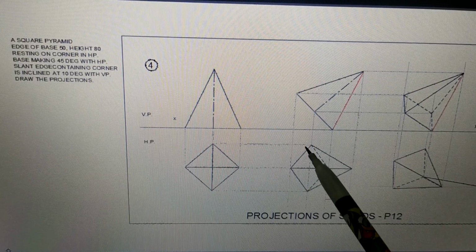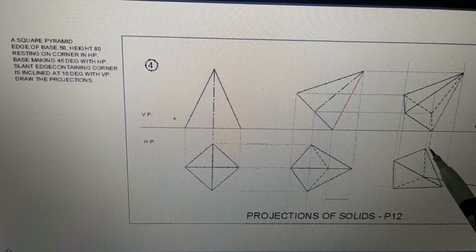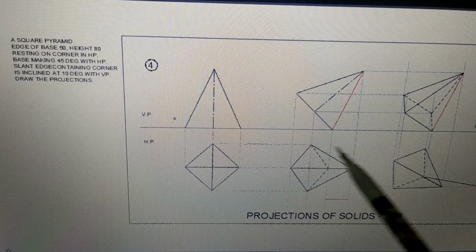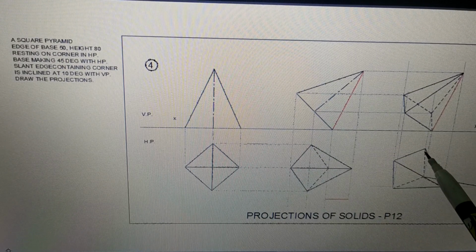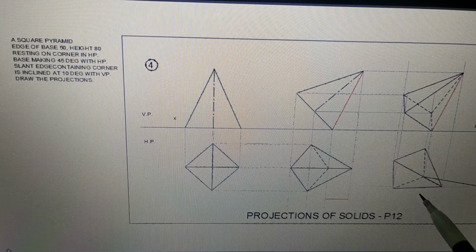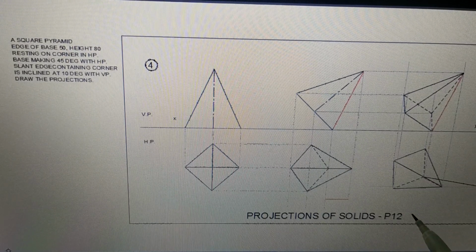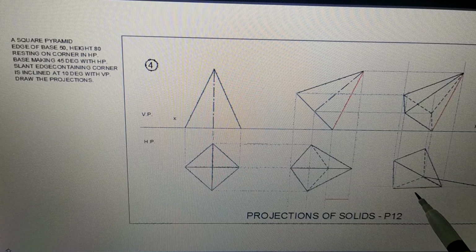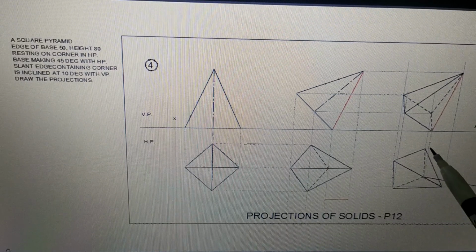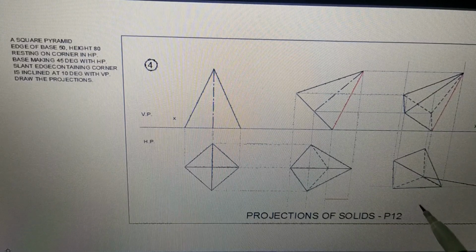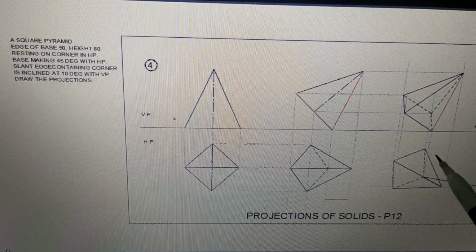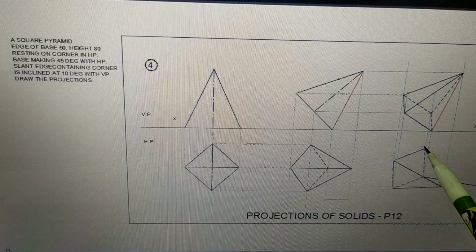So we call this A, B, C, D. This is point D. Now if you look at this D point from here in this direction, when you see the top view to get the front view, this point D is behind you. So your observer is here, and point D is on the back side of the solid.